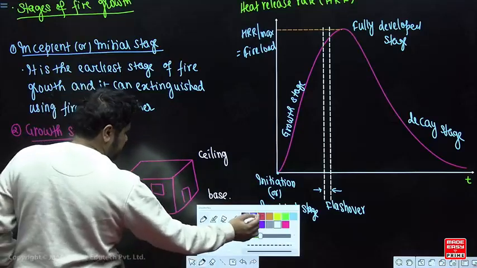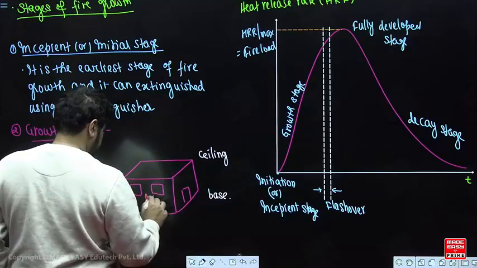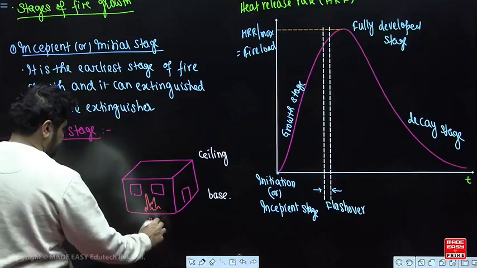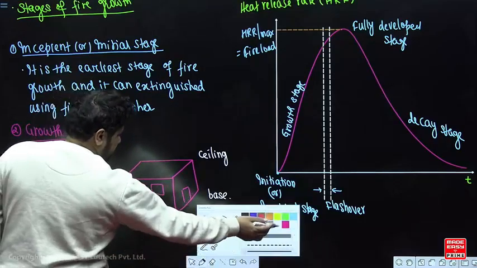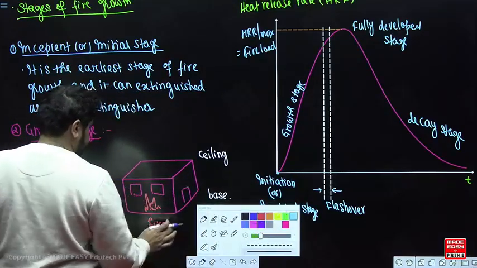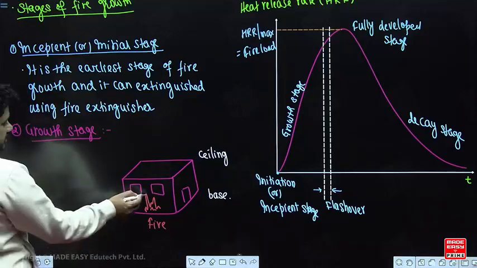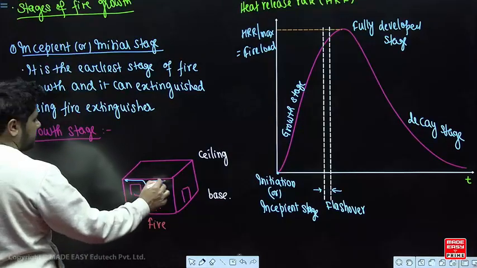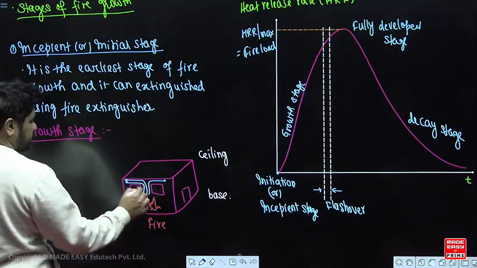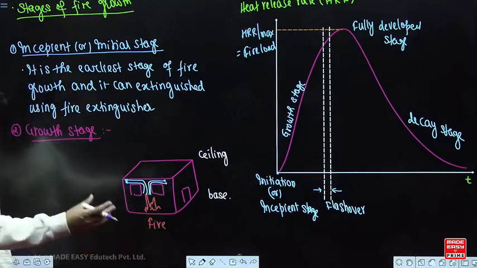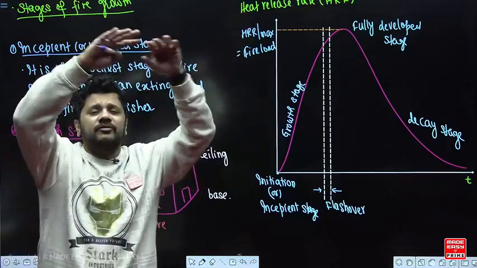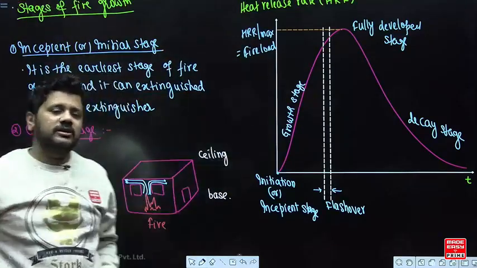Suppose fire जो है यहाँ लग गया, suppose this is the fire, correct, this is your fire. Now as the fire catches, the heat will go up and it will move laterally everywhere in the space, है ना, आग ऐसे लगता है ना. So where there will be fire, the heat will go up and if there is a ceiling, then from the ceiling it will move laterally in all the direction.